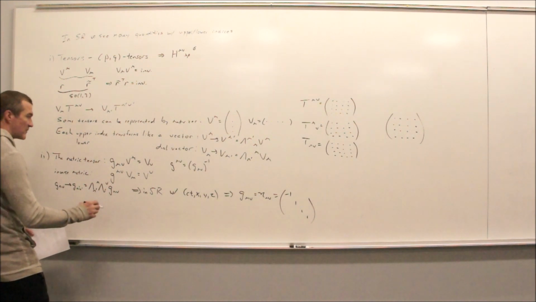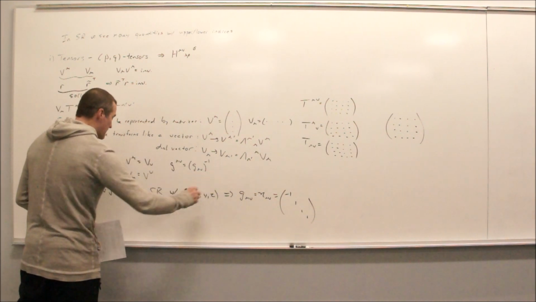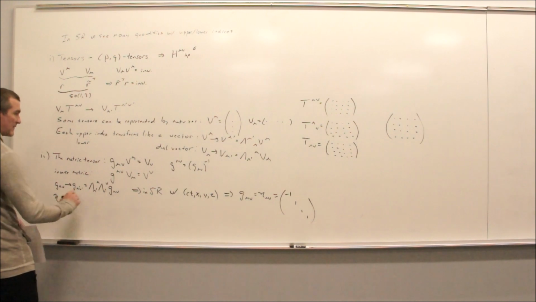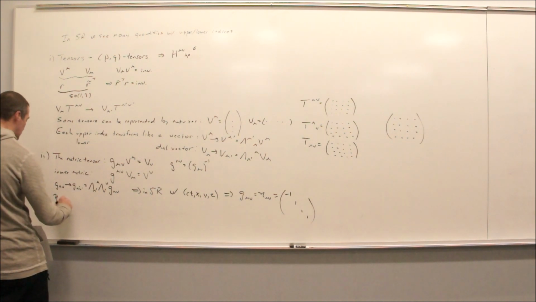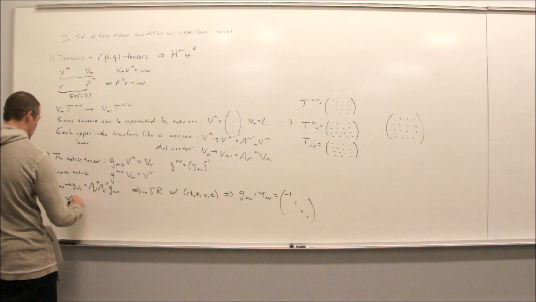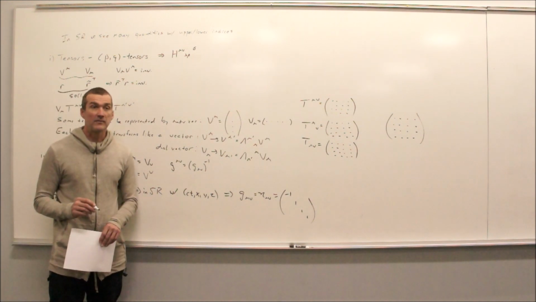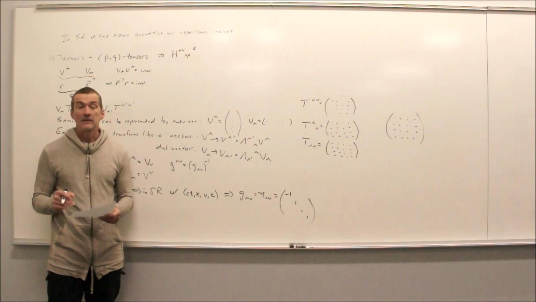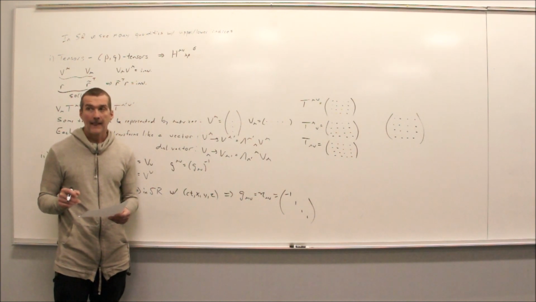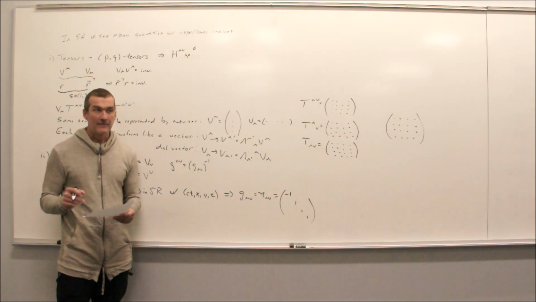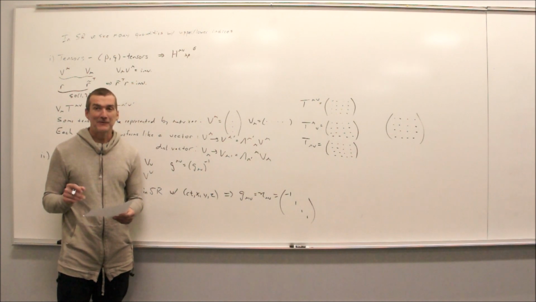If you need the determinant of the metric, can anybody tell me the determinant of the metric? -1. Can anybody tell me the determinant of the metric correctly? It's -1, the determinant is -1.